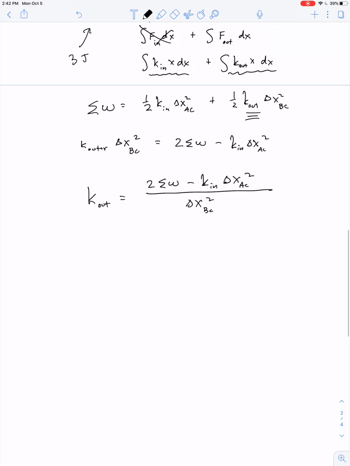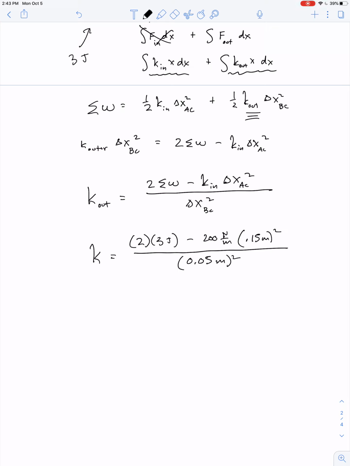And now that we've done all the algebra we can, we just need to plug in numerical values, and the k value we're looking for is 2 times 3 joules minus 200 newtons per meter times 0.15 meters quantity squared, all divided by 0.05 meters quantity squared, right? The distance from A to C is 15 centimeters, but the distance from B to C is only 5 centimeters.